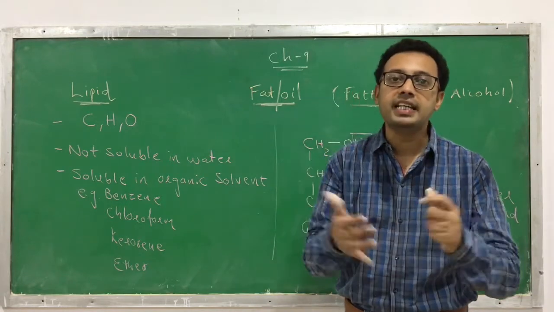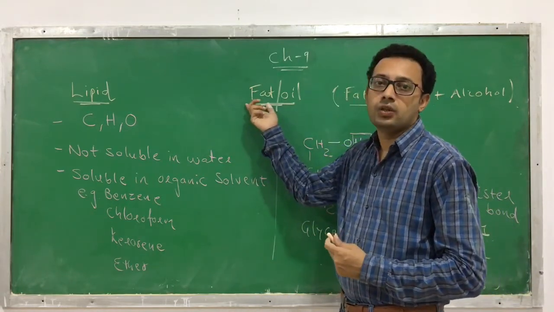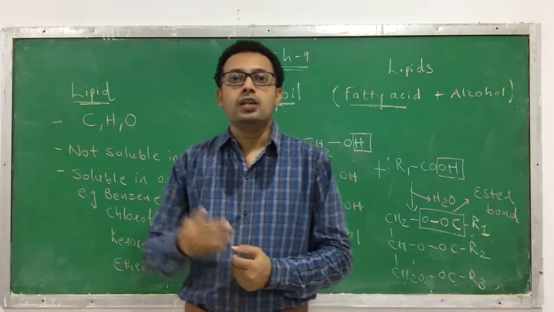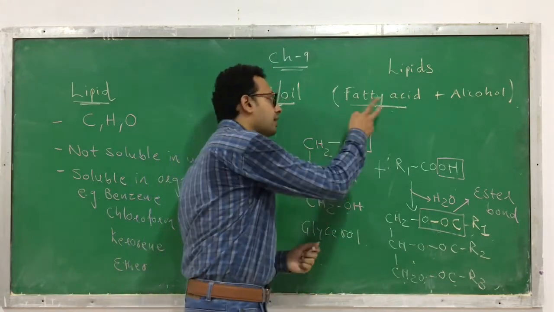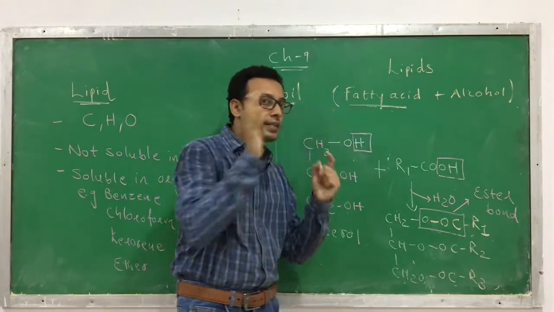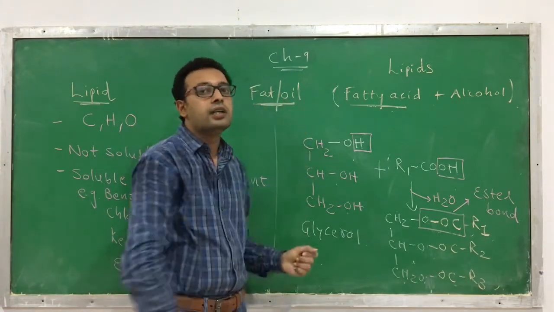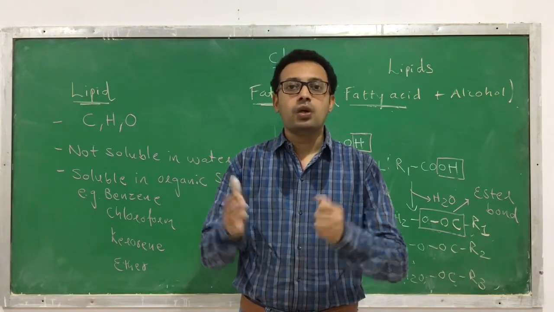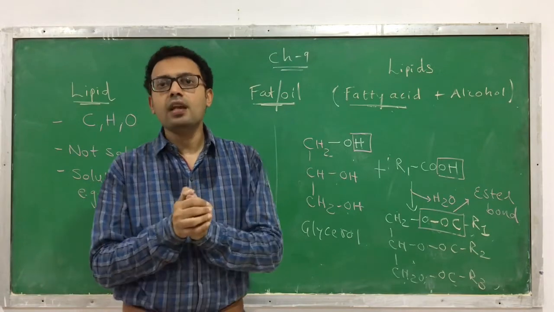Like you can see ghee and butter are solid, so they are fats. But groundnut oil, coconut oil, or cottonseed oil are liquid at room temperature. Both are lipids, both are triglycerides, but one is solid at room temperature, the other is liquid at room temperature. So it depends on how many fatty acids are attached to an alcohol.